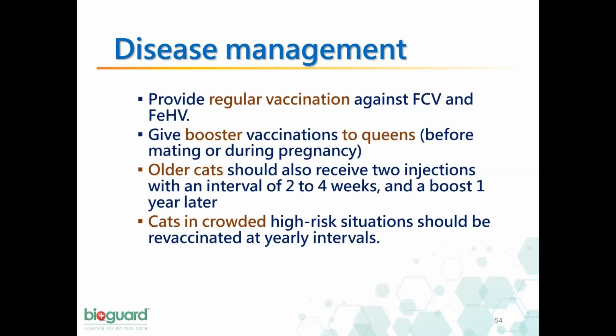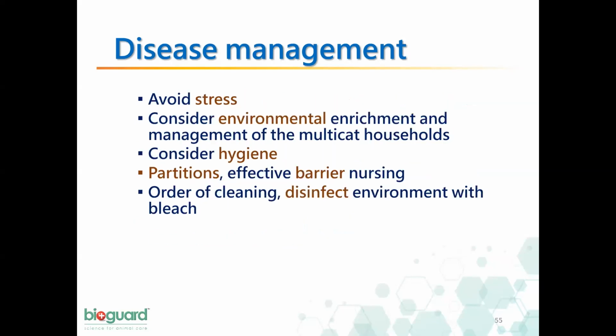Other cats can receive 2 injections at an interval of 2 to 4 weeks, and a booster dose is also recommended on a yearly basis, whether they are pets or in a shelter. Also, for cats present in crowded and high-risk regions, revaccination is always recommended.